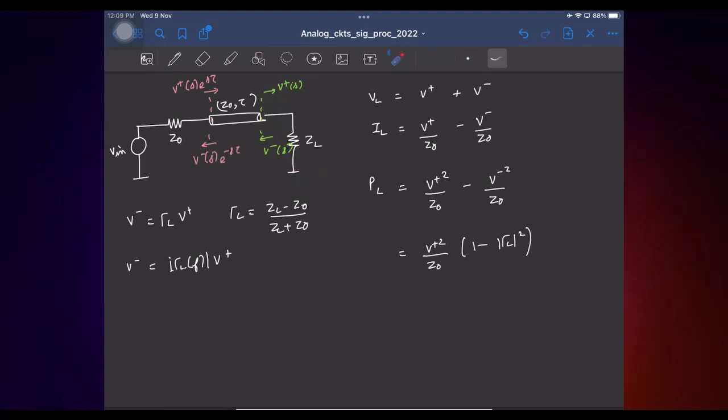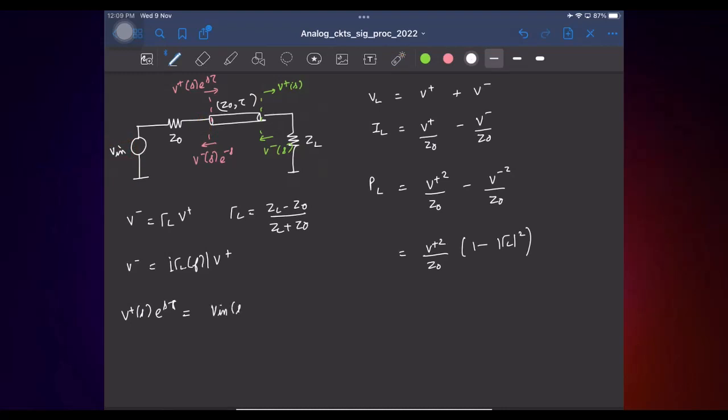When you apply an input at t equal to 0 plus, only the forward wave is launched, right? The forward wave here is V plus of s e power s tau. And at t equal to 0 plus, the looking-in impedance is Z0. So what will be this?